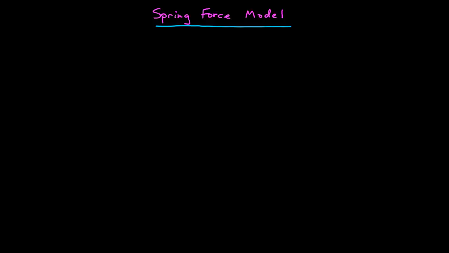So let's start with what comprises the spring force model. Our first element of our spring force is that our spring has zero mass. And the second is that it is a one-dimensional spring, and so it doesn't bend.